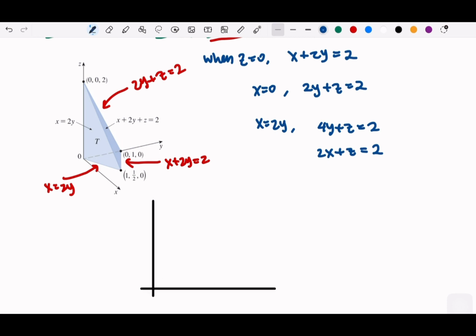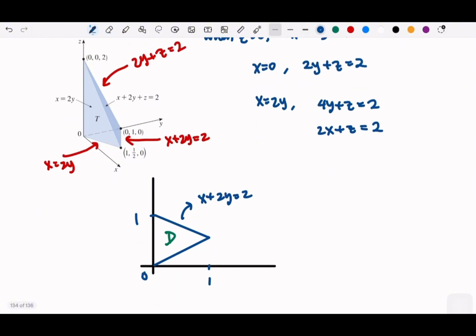Suppose that this is 1, this is 0, this is 1. Suppose that this is the projection. So suppose this is D, and this is x plus 2y equals 2, and this is x equals 1.